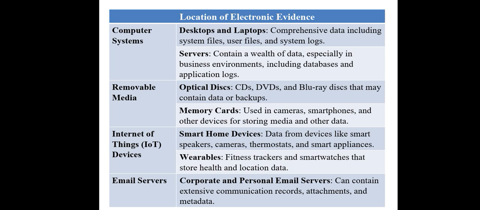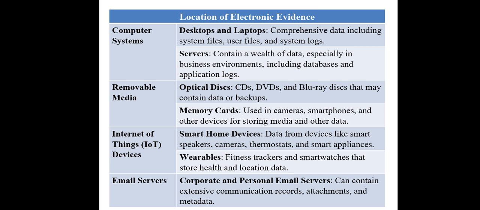Next location is removable media. It includes optical discs as well as memory cards. Optical discs include CDs, DVDs, and Blu-ray discs that may contain data or backups, whereas memory cards are used in cameras, smartphones, and other devices for storing media and other data.